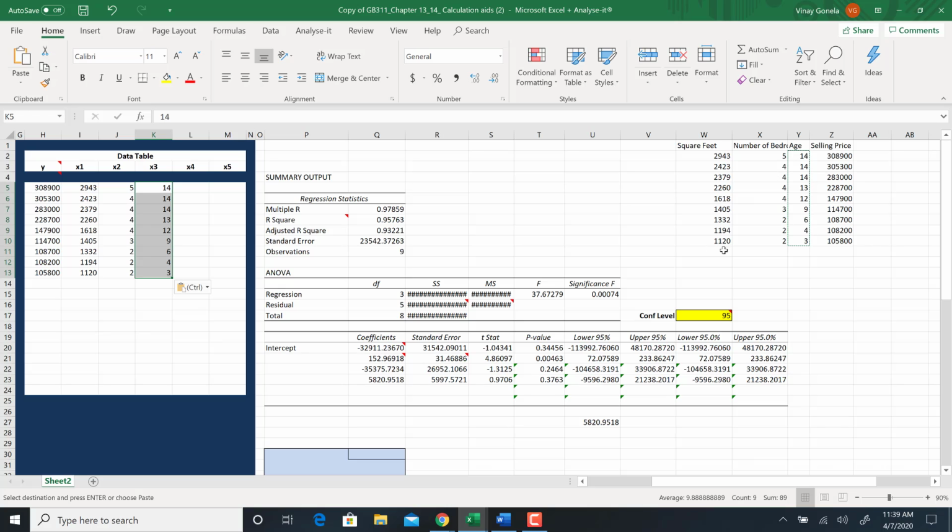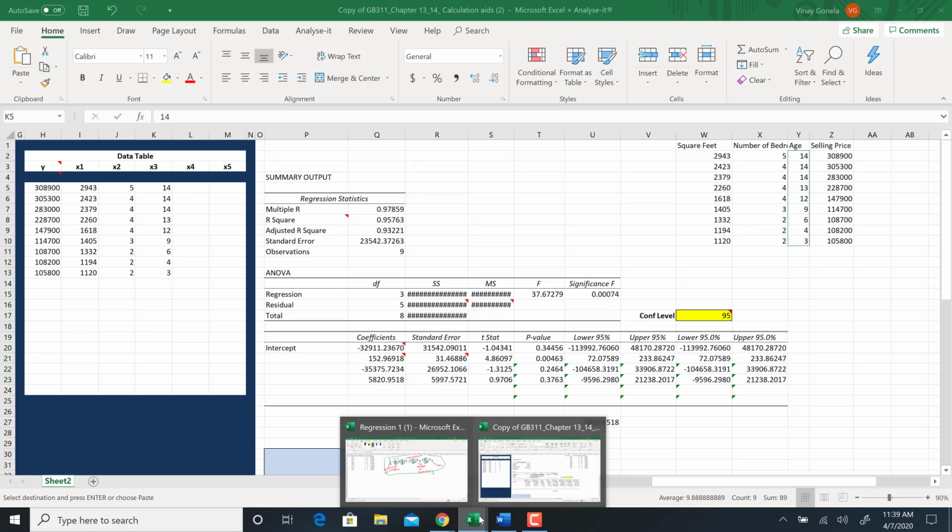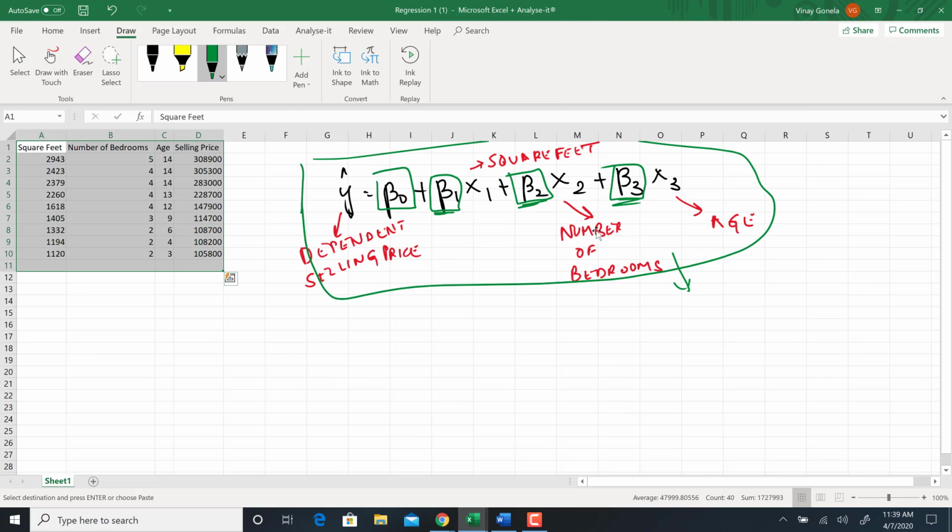One of the things I wanted you to understand is what we discussed earlier. When we have an equation like this, we want to make sure whether we have a qualitative variable or a quantitative variable. If we have a qualitative variable, we have to introduce a dummy variable.